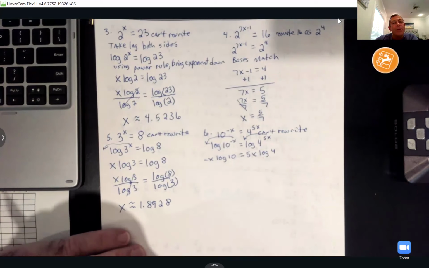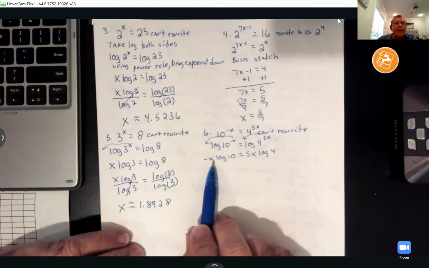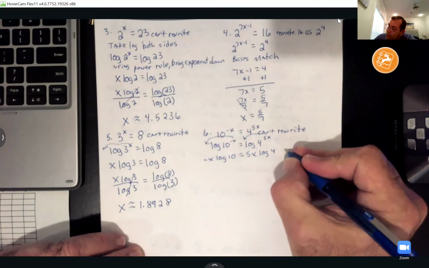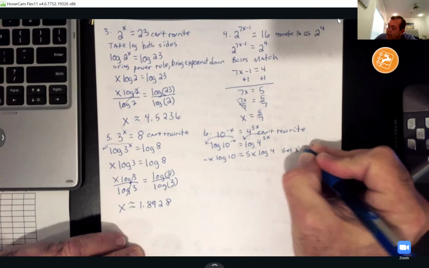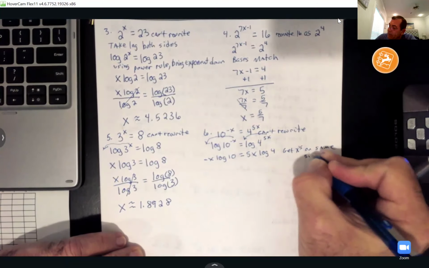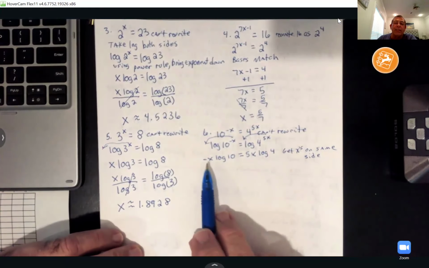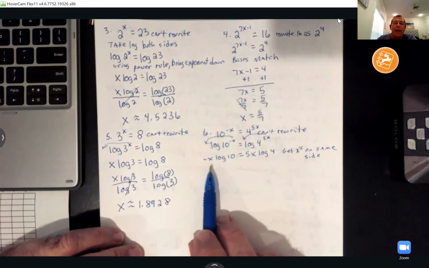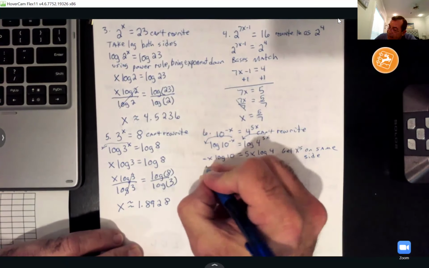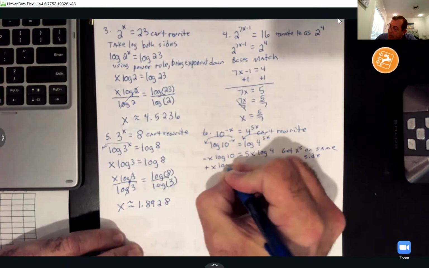So y'all, let me tell you what the situation is now. I got an x here, and I got an x over here. I need to get my x's on the same side. So at this point, we want to get the x's on the same side. Now, what I do, since this one's usually negative, I add this to both sides. So what I do is I'm going to add x log 10 to both sides.